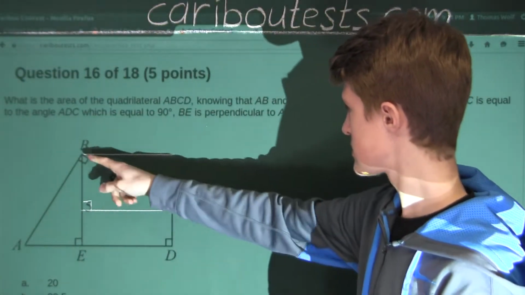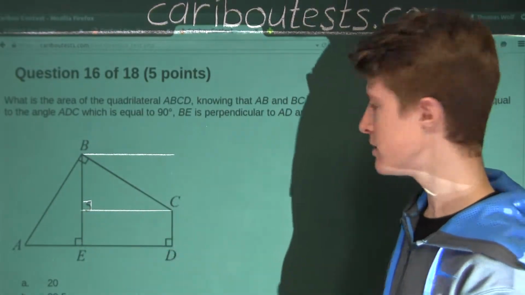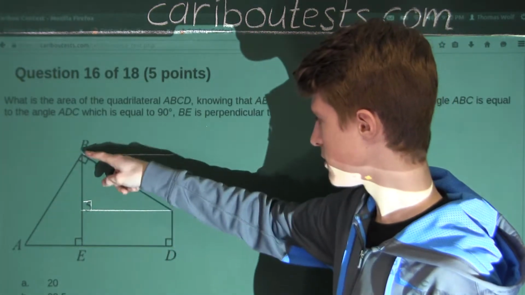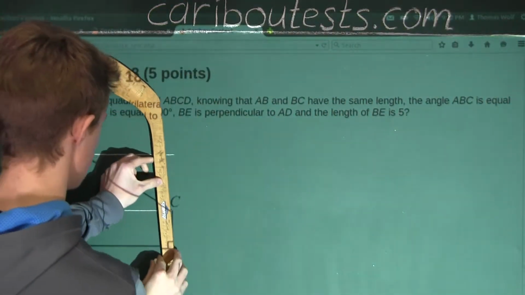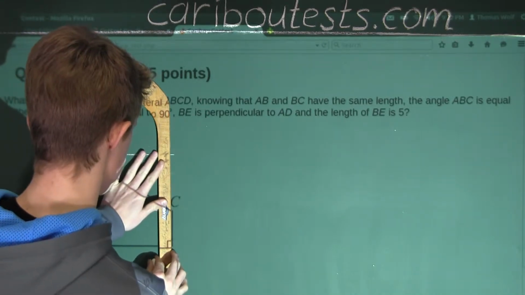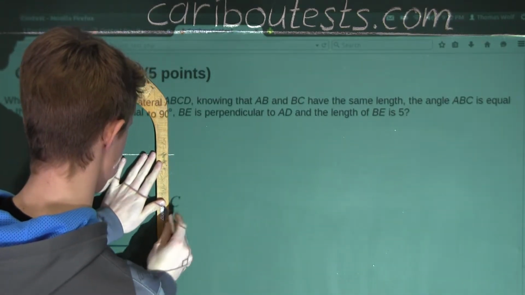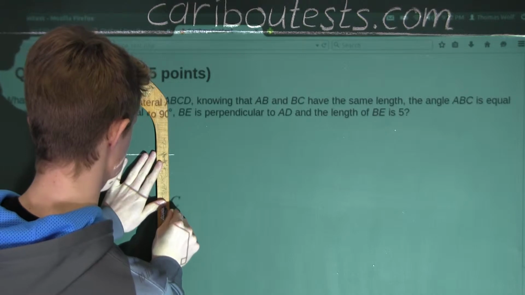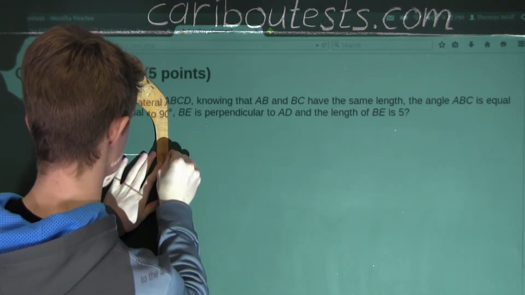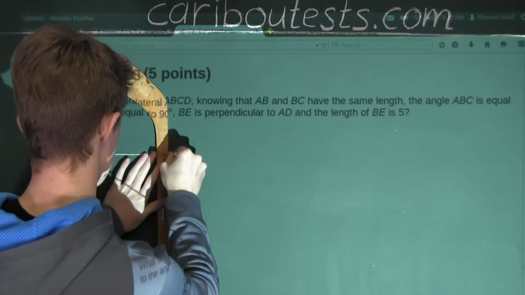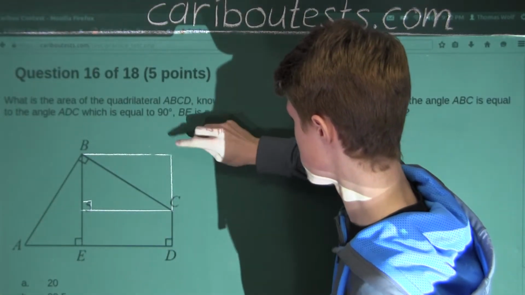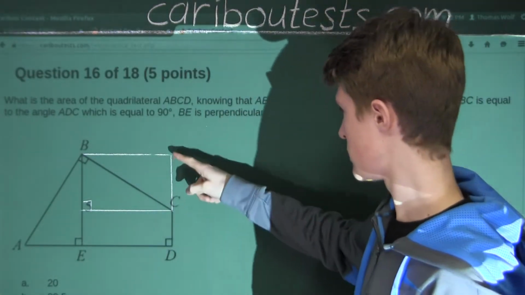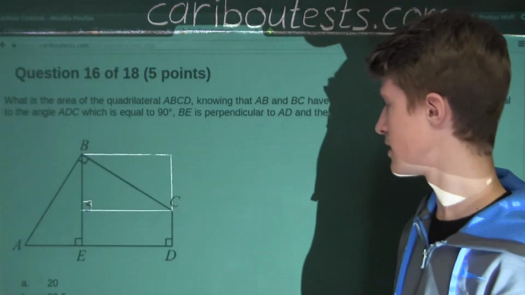Okay, so we know that this line is parallel to this line, and now let's draw a line parallel to BE, which goes through the point C. Okay, so we know that this line is parallel to this line.